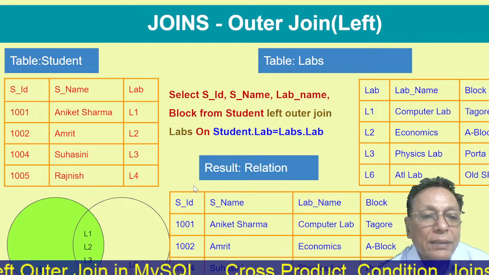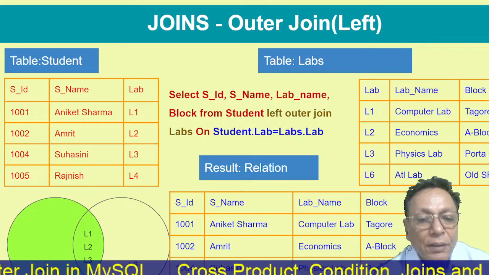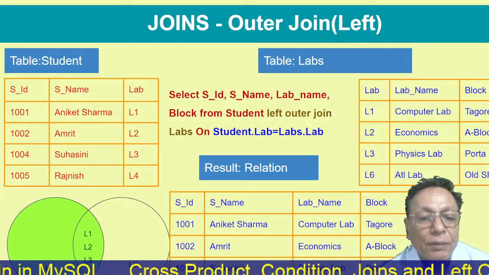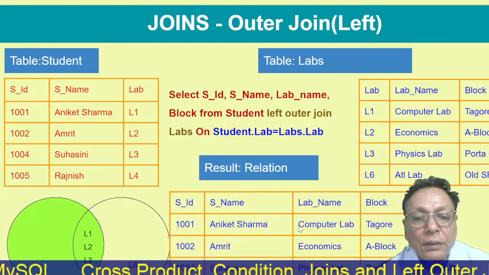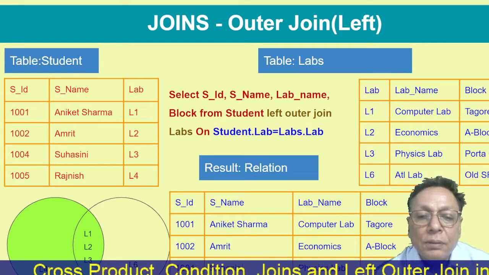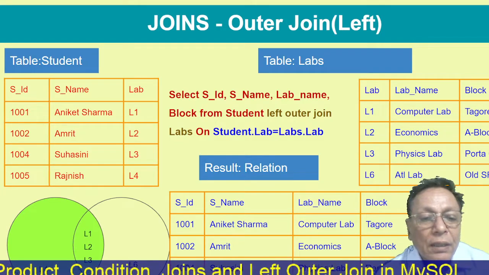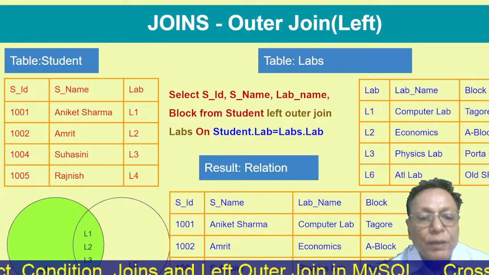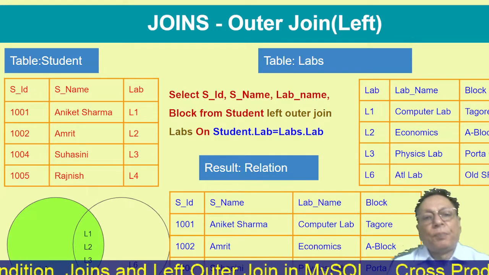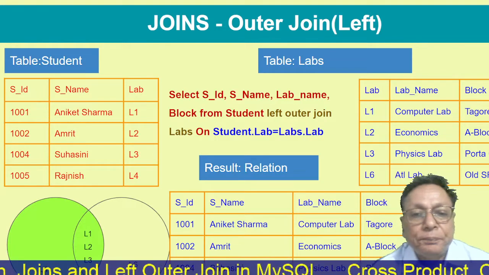That is why it is the leftover of the left table, and that is why the result will be, these are the common rows from both the tables, and this is leftover which is in the left table only. So this way we can see the output of left outer join.